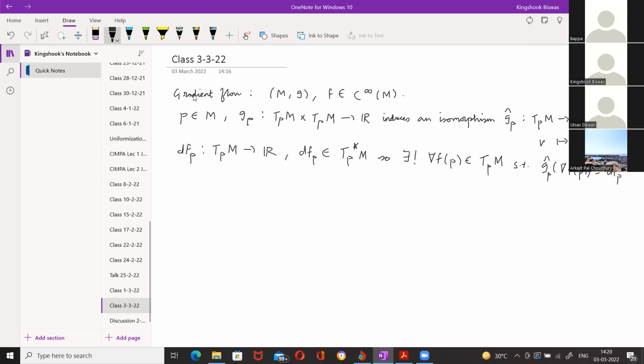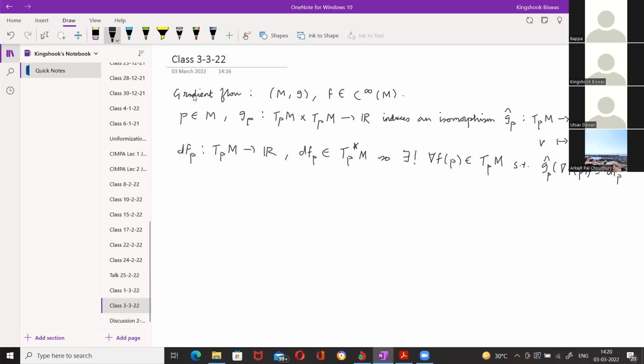The inner product gives you a canonical isomorphism between the cotangent space and the tangent space. df at p is an element of the cotangent space, so it corresponds to a unique element of the tangent space. That element we call the gradient vector of f at p.